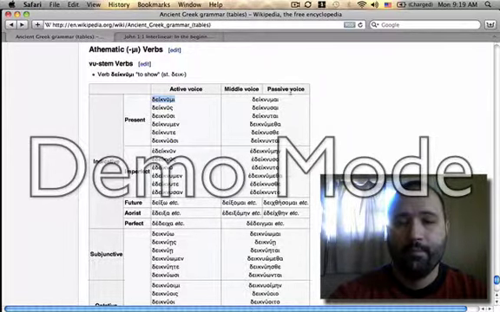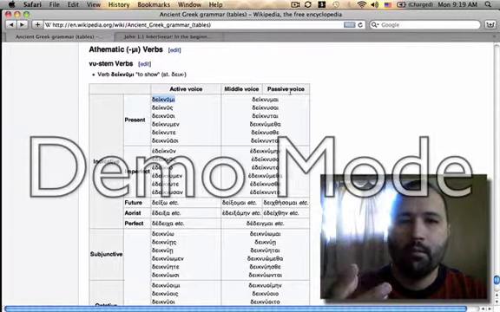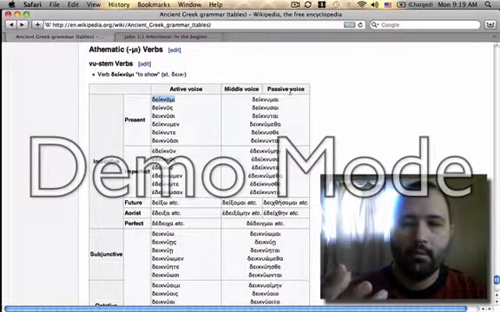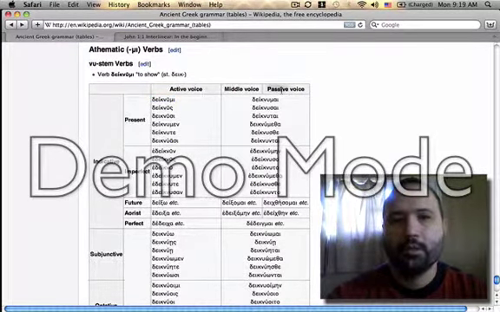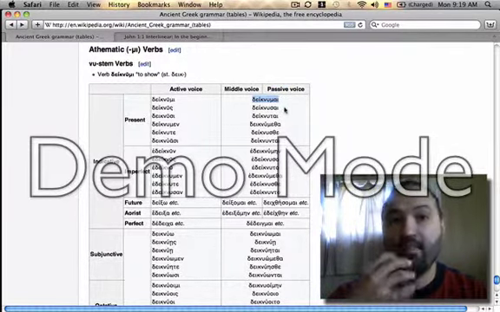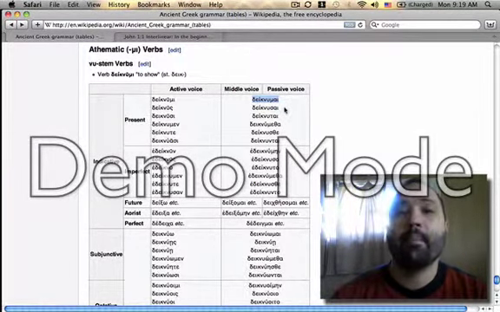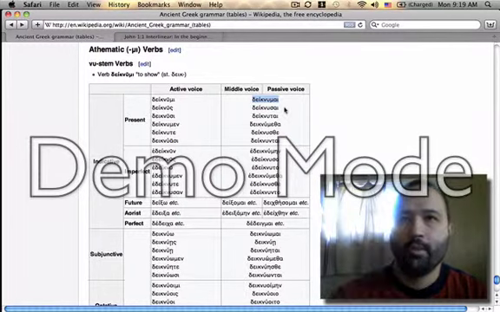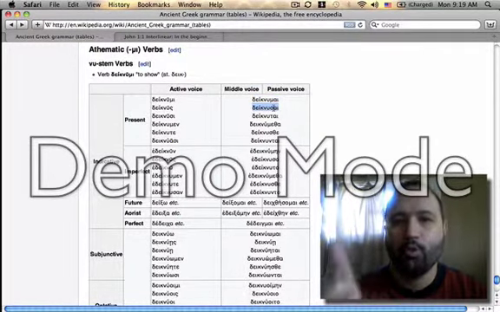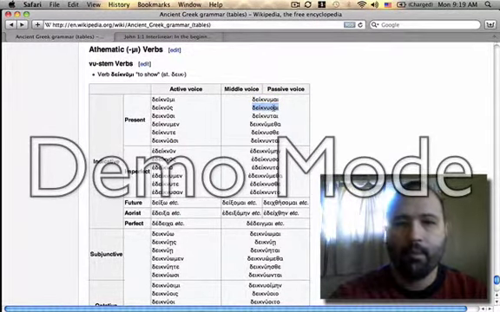See that? Now, we already went over middle. Now, let's just look real quickly at the passive. Deiknumai. So that means I am being shown to something or somewhere. Deiknusai, you are being shown to somewhere, to something.